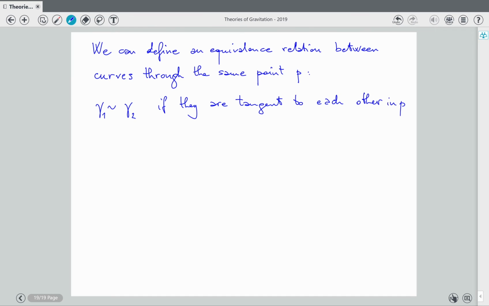And then we can consider the quotient between the set of all curves through P and this equivalence relation.